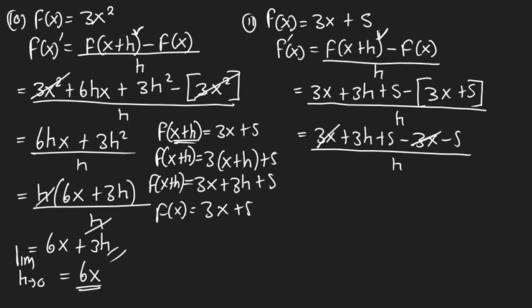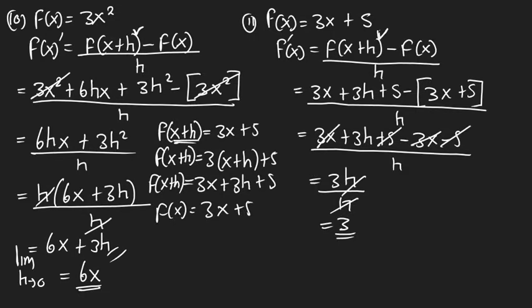This and that will cancel, that and that will cancel, then you are going to remain with 3h over h. This and that will cancel, you are going to remain with a 3. That is how you solve this particular function using first principle.